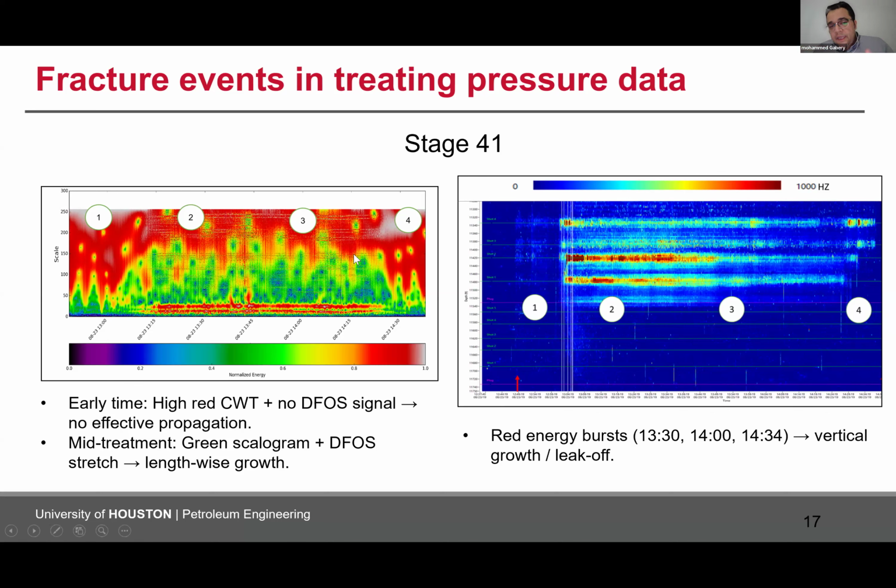That's related to the dominance of high energy on the normalized CWT scalogram at the end of the job. We can notice an increase over the scale of high energy on the normalized CWT scalogram, and that's related to opening a new fracture at this cluster.